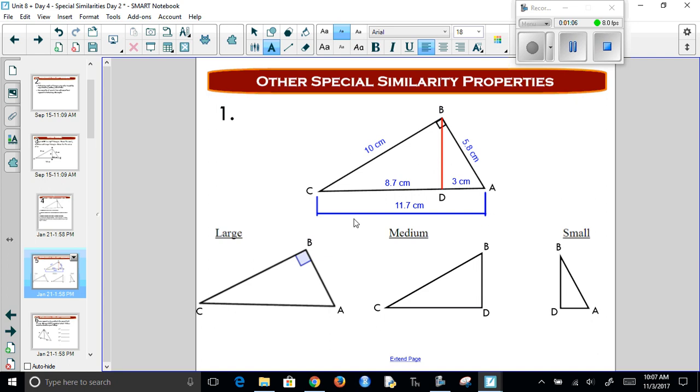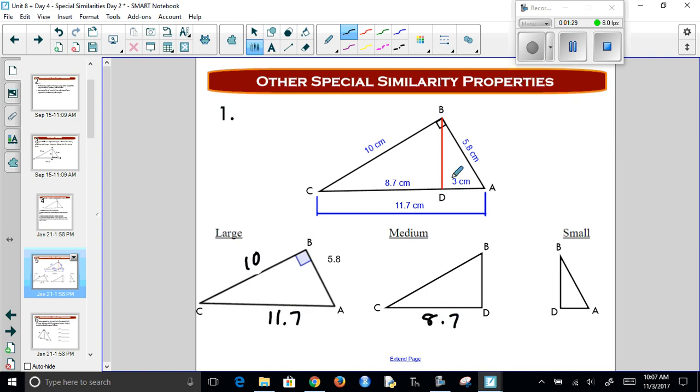Now, if we label the information that we have, 5.8, 10, and for the large triangle, 11.7. For the medium triangle, I have two sides, 8.7 and 10. And for the small triangle, we have 5.8 and 3.